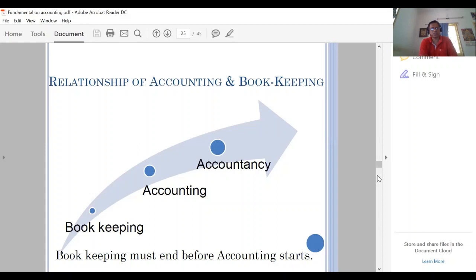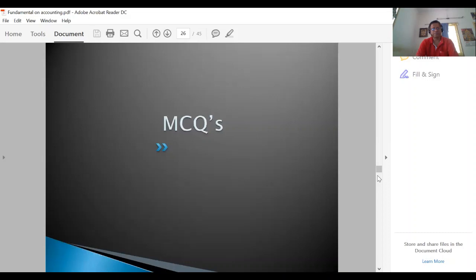Whether one is a finance person or a non-finance person is immaterial. Any accounting has to flow in this order. Basically, accounting means recording, classifying, summarizing, and interpreting of financial transactions.